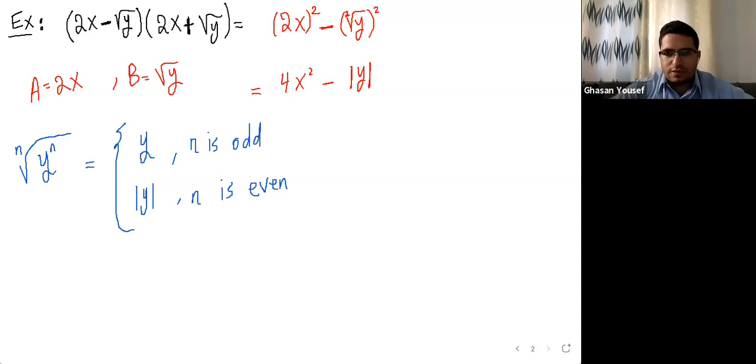If it's even, I take the absolute value. If it's odd, I don't have to take the absolute value. Make sense?